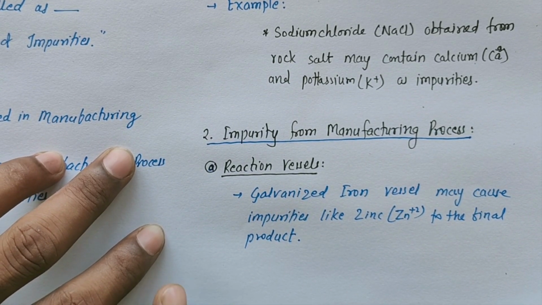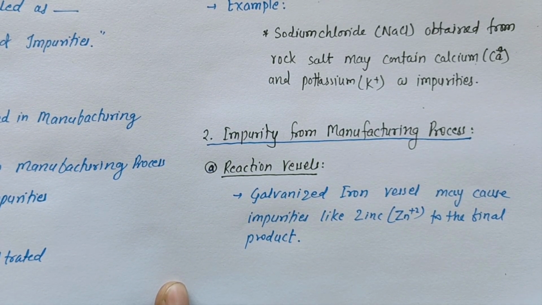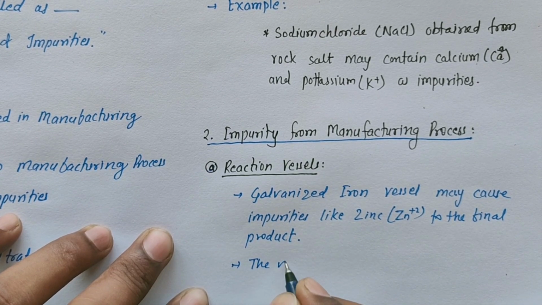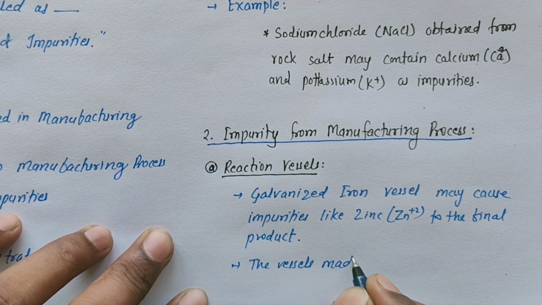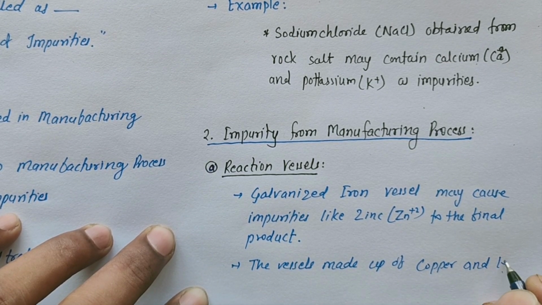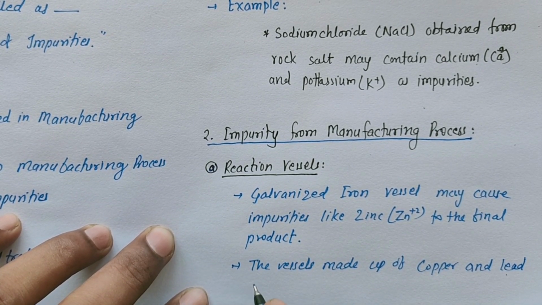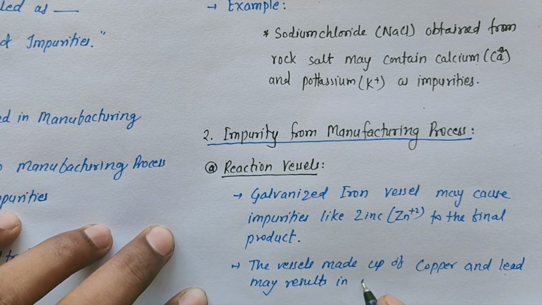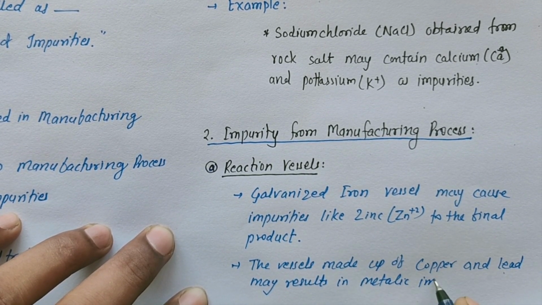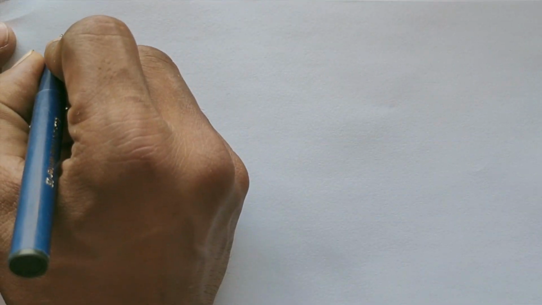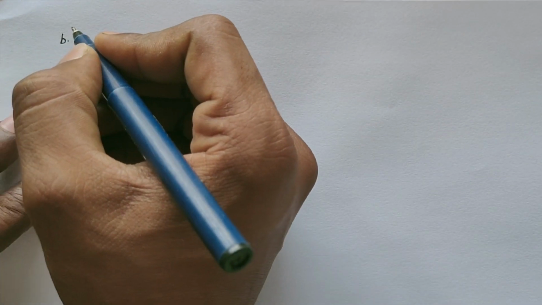Another example is a vessel made up of copper and lead, which may result in metallic impurities. Now we'll discuss solvent.